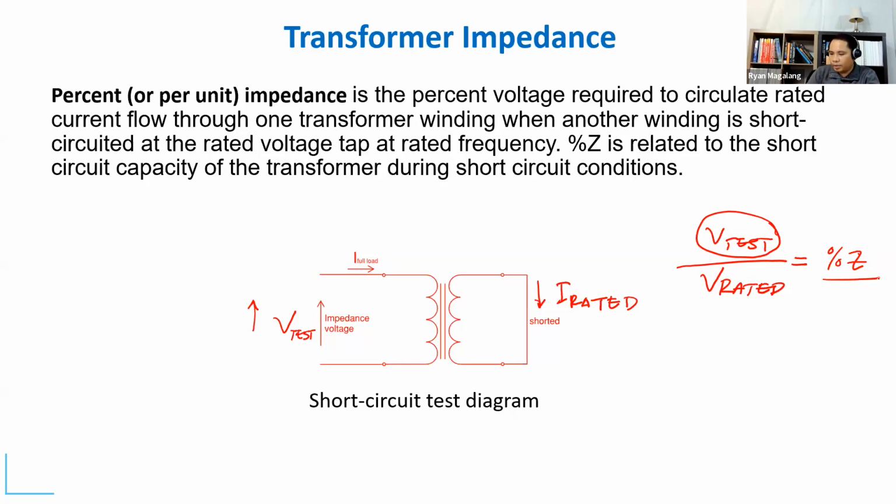But remember that percent Z is actually dimensionless. It doesn't have unit, not ohms. It's a dimensionless quantity.